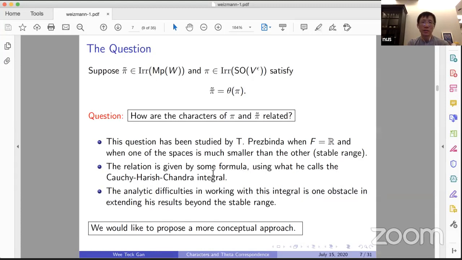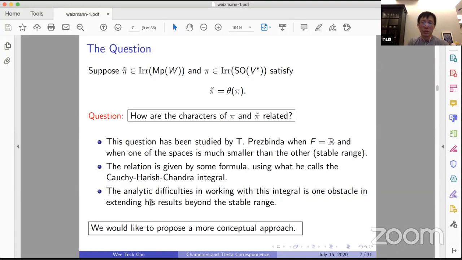This relation is expressed by a certain formula which he calls the Cauchy-Harish-Chandra integral. One of the reasons why he restricts to this stable range case was because you have to struggle with the analytic difficulties in working with this integral. You have to make sense of it.